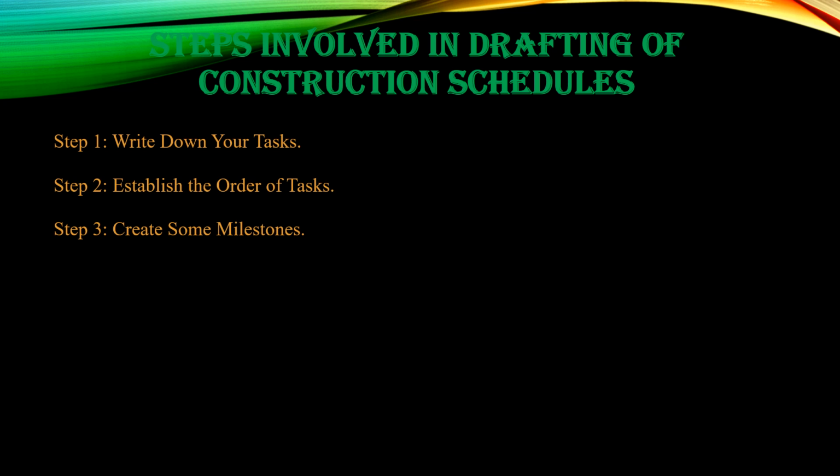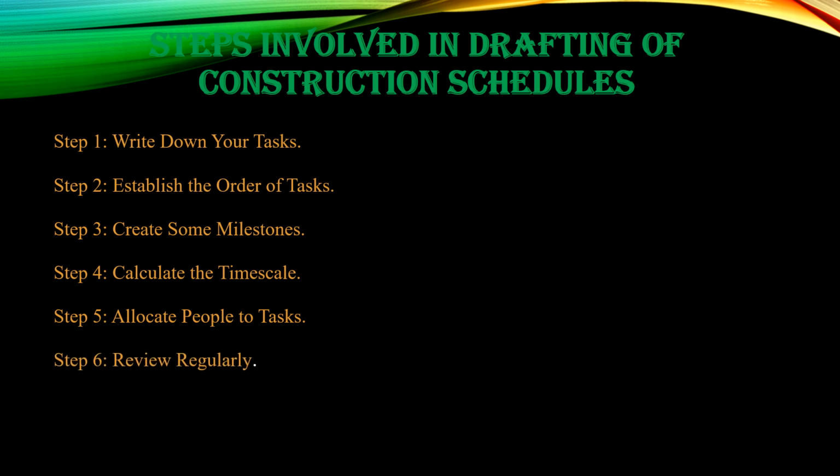After that, in the third step, create some milestones. And in the fourth step, calculate the time scale for completing the activities. And in the fifth step, allocate the resources suitable for the particular activities, that is to allocate people or other resources for performing the activities.